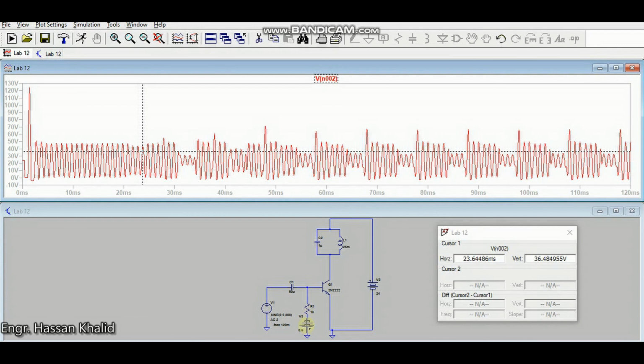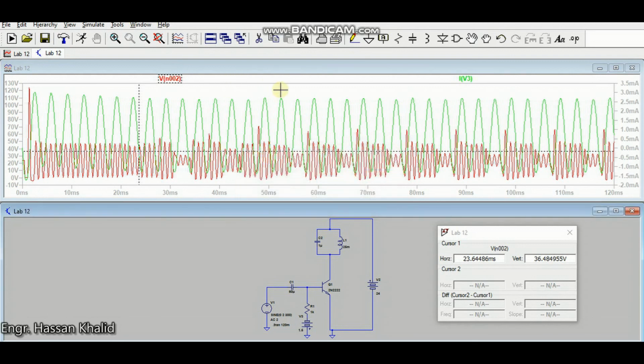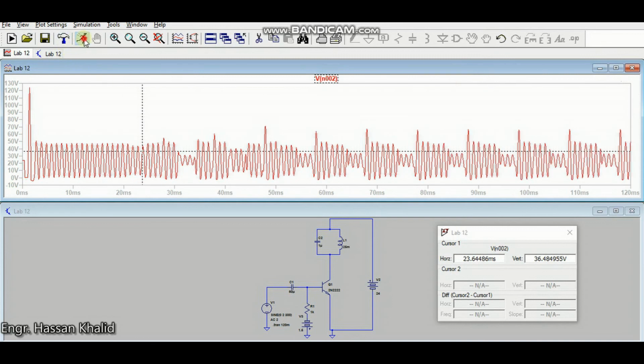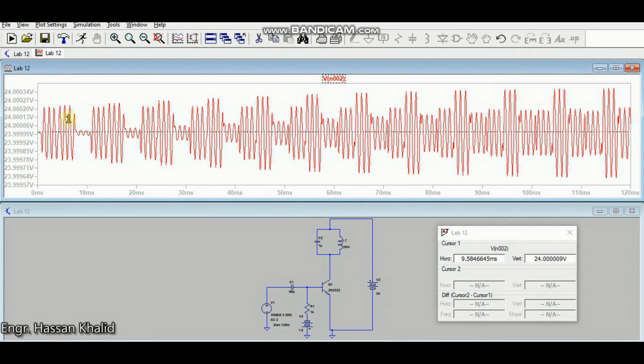So if I increase to 1.5 volts over here and re-simulate it again, now you can easily see this type of modulation, although the amplitude has also reduced, which means that the transistor is not getting the complete time for switching.